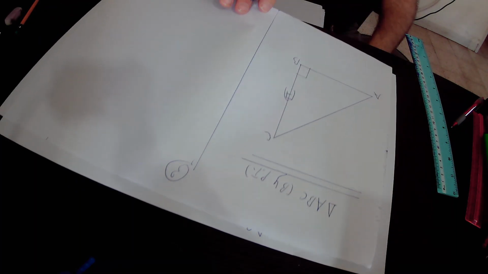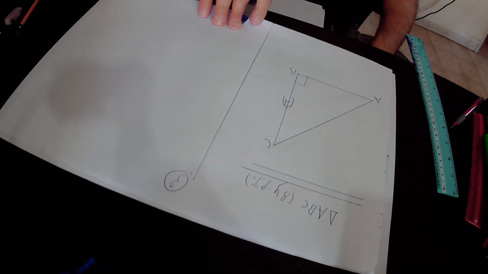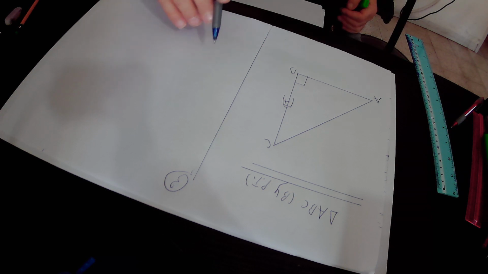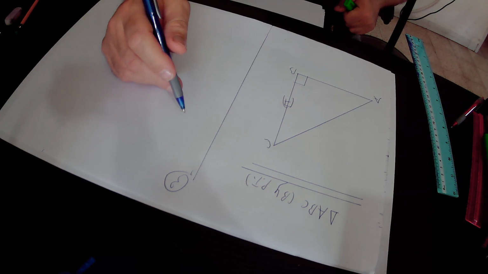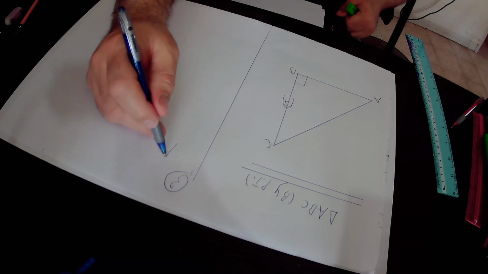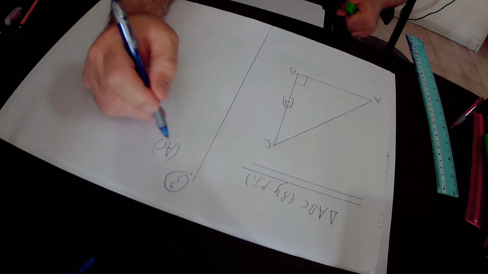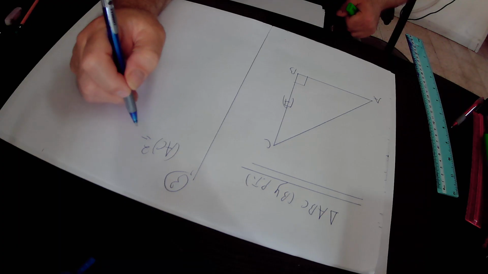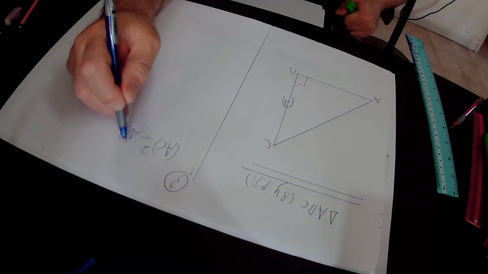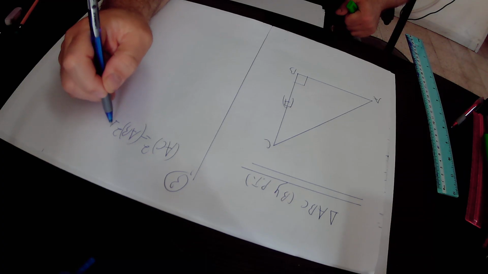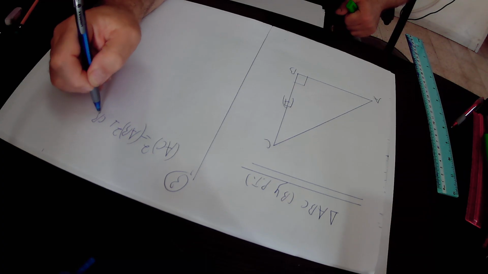Currently, this is the right triangle ABC that I copied from the original drawing. So according to the Pythagoras theorem, in this triangle ABC, AC squared equals AB squared plus CB squared.